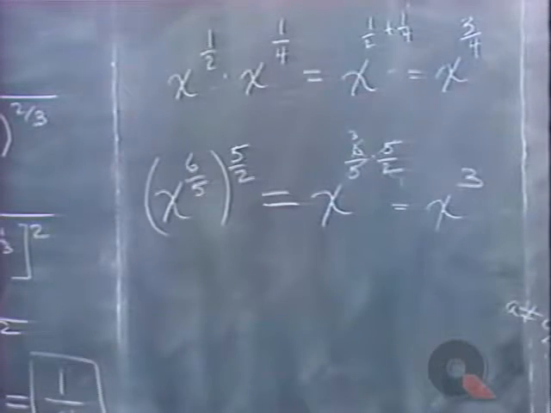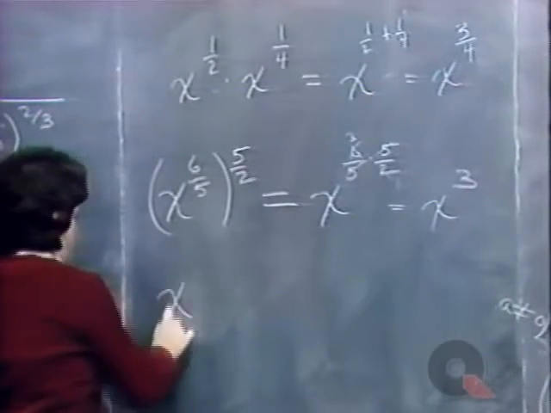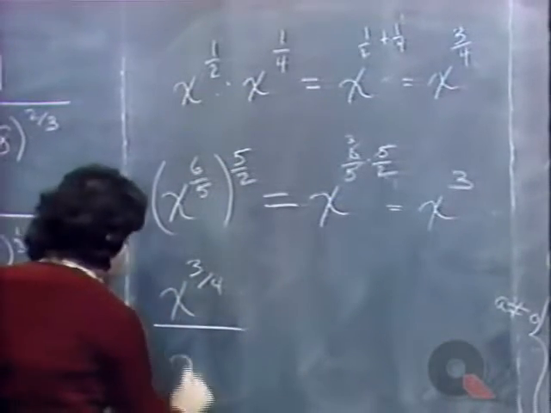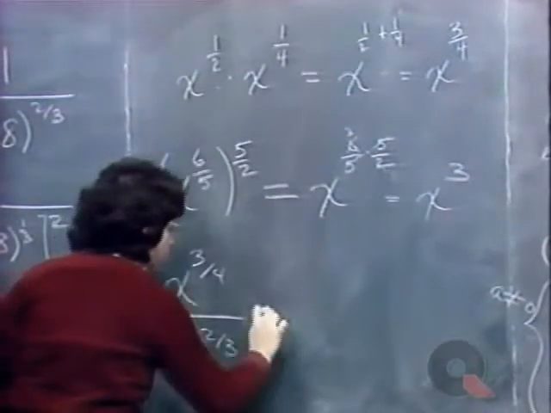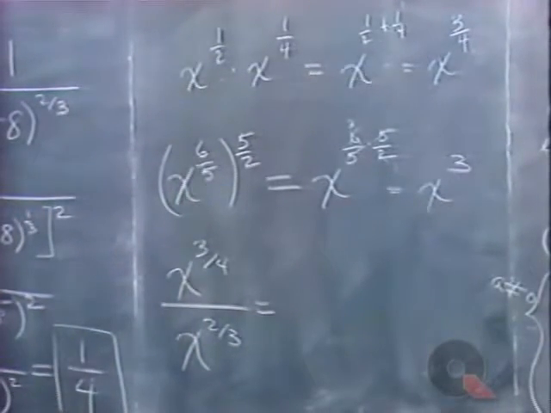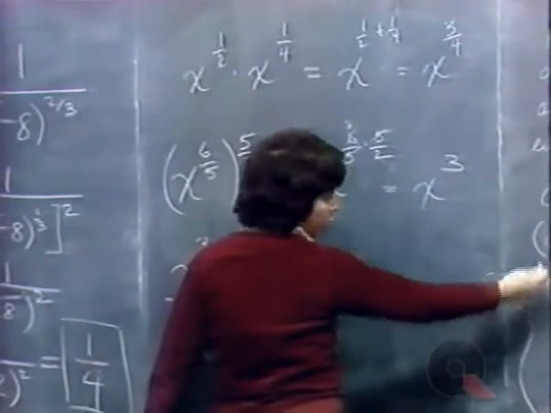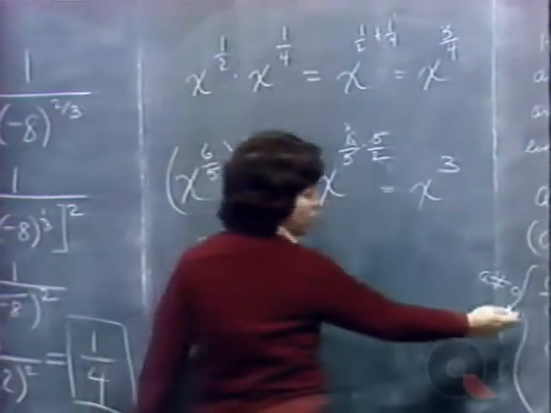And for our last problem, let's try x to the 3/4 over x to the 2/3. Okay, this is an example of this rule over here. You've had this before, but not with rational exponents.